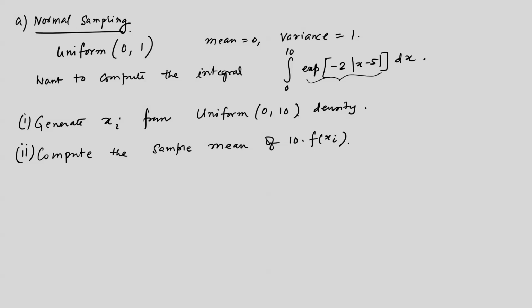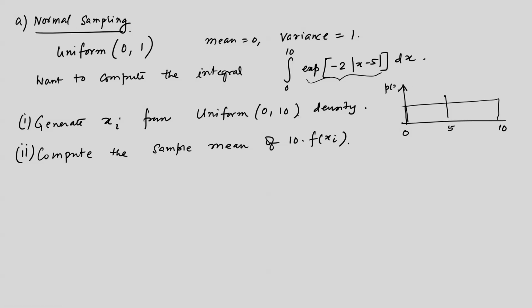So, basically you pick random numbers from this uniform distribution, which is like this. So, this is from 0 to 10 and this is 5, say, just to mark this.